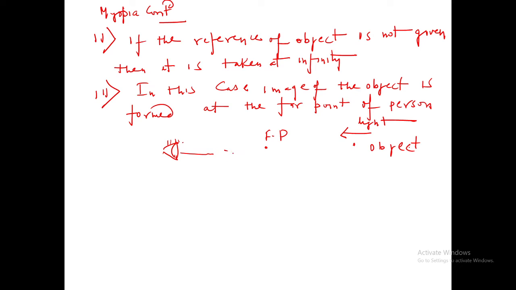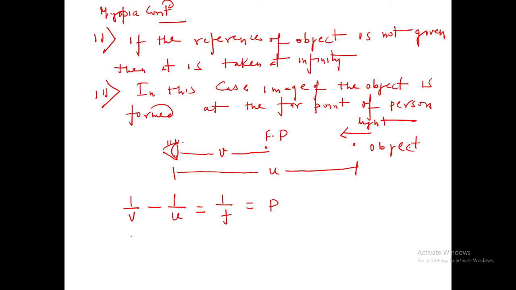So this is your v, and this is your u, and it is quite clear, since it is a lens, 1 by v minus 1 by u is equal to 1 upon f, which is equal to P. Our eye behaves as a convex lens, and to remove the defect, a concave lens is used.